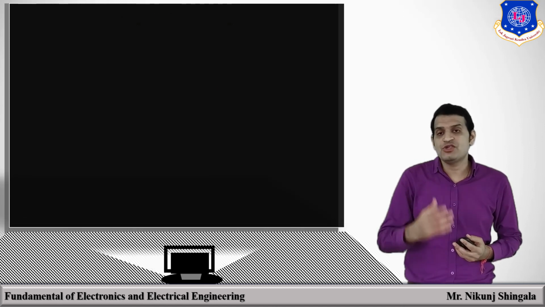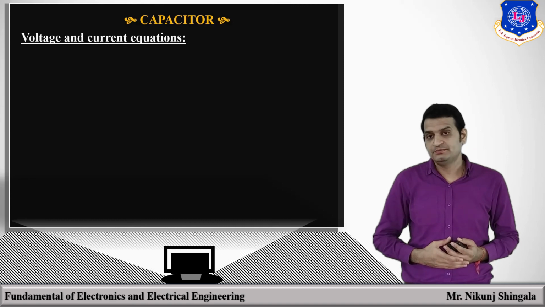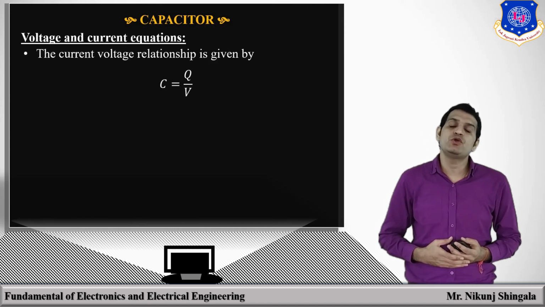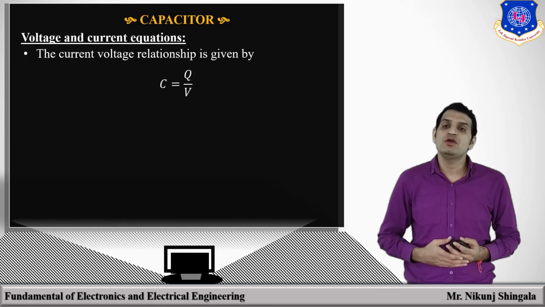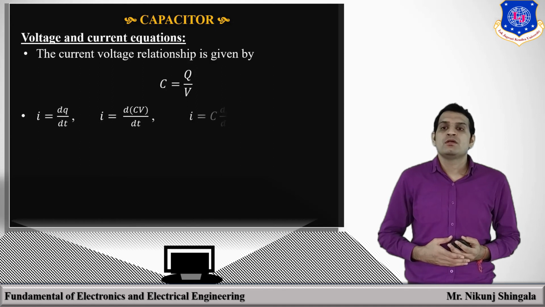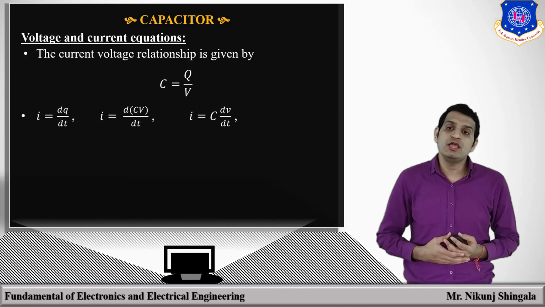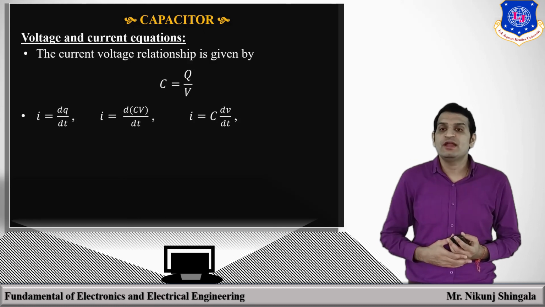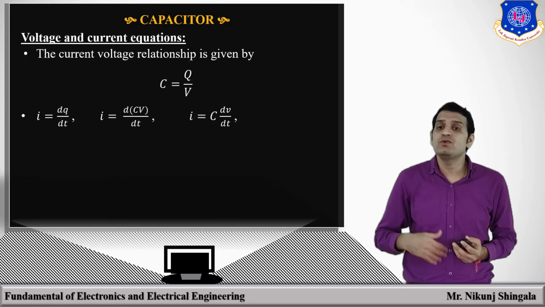Now, voltage current equation in the case of capacitor. The relationship is given by C is equal to Q by V, where Q is a charge and V is a voltage. So we can write i is equal to dq by dt. Putting the value of q, we can write i is equal to d by dt of Cv.